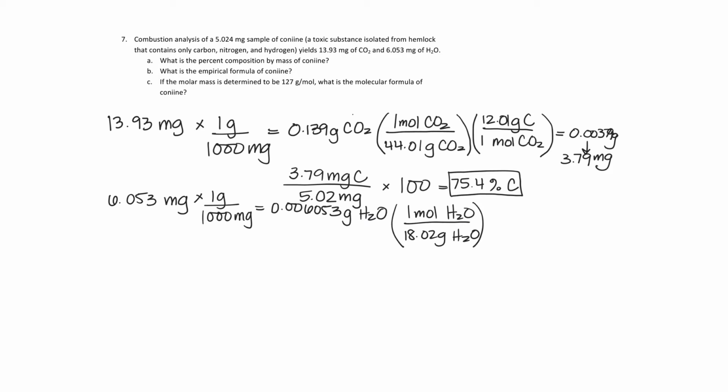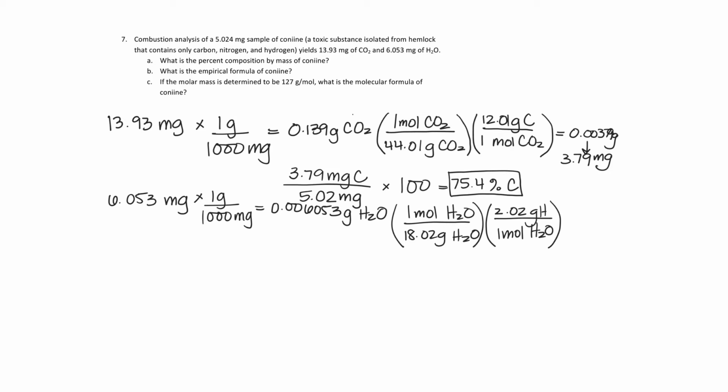From the moles of H2O, we can find the moles of hydrogen within the compound using the molar mass of hydrogen. We use 2.02 grams rather than 1.01 grams because there are two hydrogens in H2O's formula.